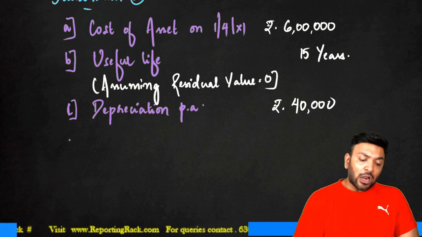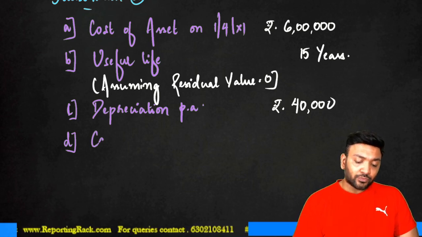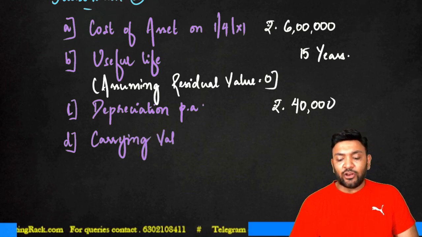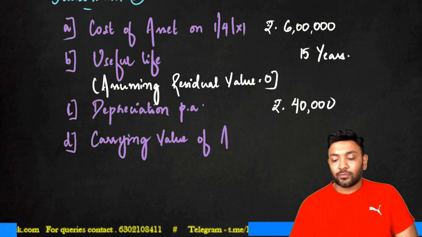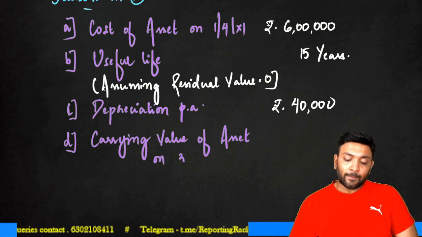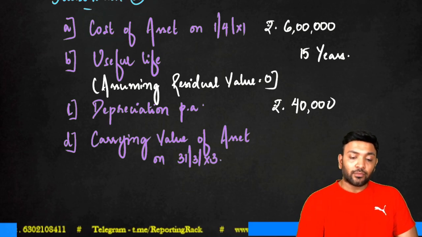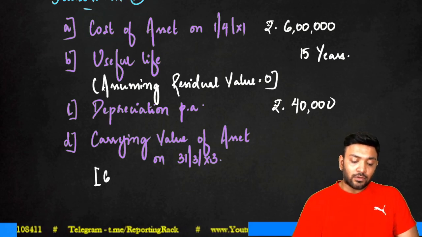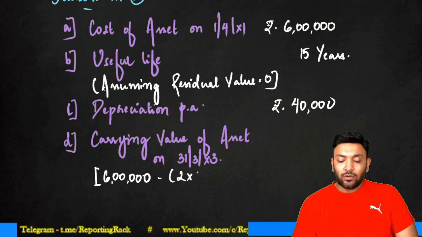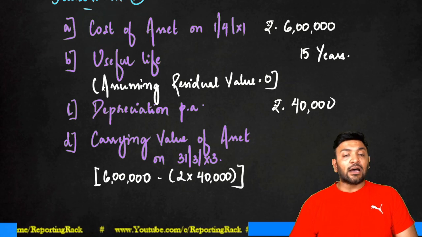Therefore, what would have been the carrying value on the date of classifying it as held for sale? Carrying value of asset on 31st March 2023 is 6 lakhs, cost of the asset, less 40,000 into 2, depreciation, 80,000.